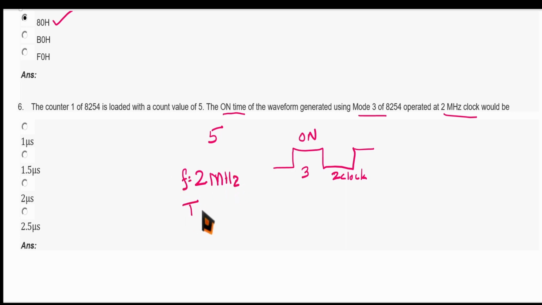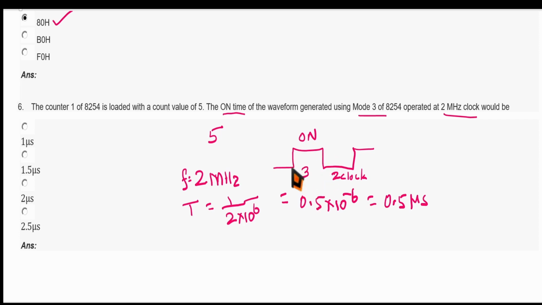So the clock time is equal to 1 by 2 megahertz, that is 1 by 2 into 10 power 6. That will be equal to 0.5 into 10 power minus 6, that is 0.5 microseconds for one clock period.